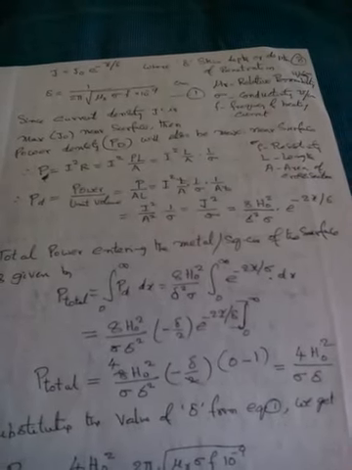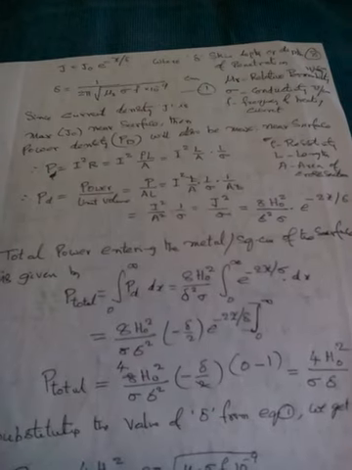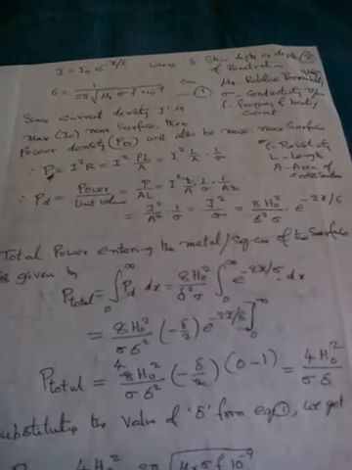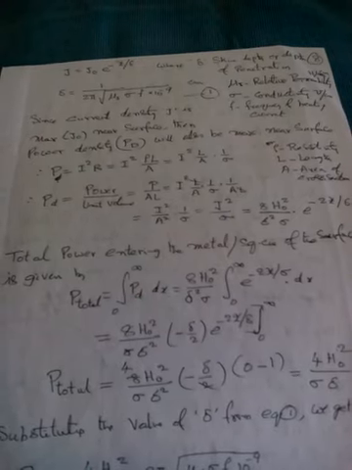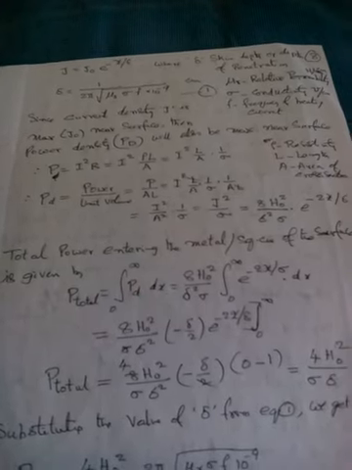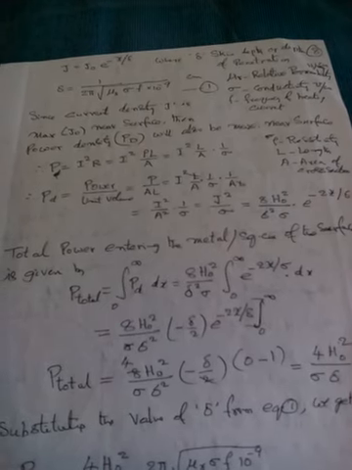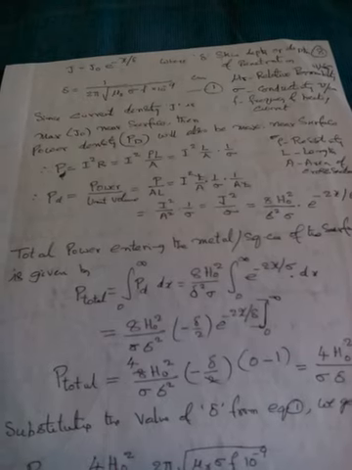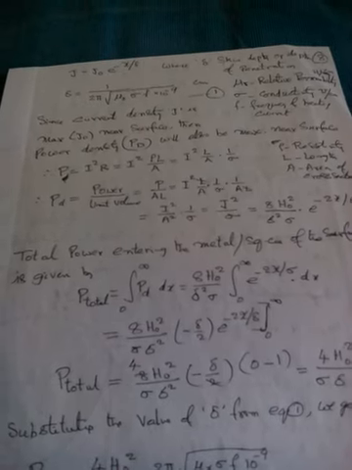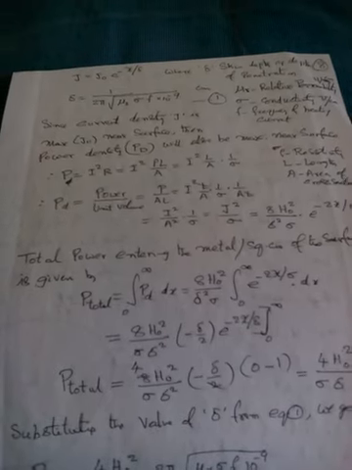Total power is 4 H naught square by sigma delta, where H naught is the magnetic field, sigma is conductivity, and delta is skin depth. So it is directly proportional to the square of the magnetic field intensity, and inversely proportional to conductivity and skin depth.